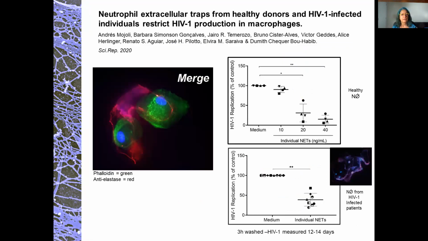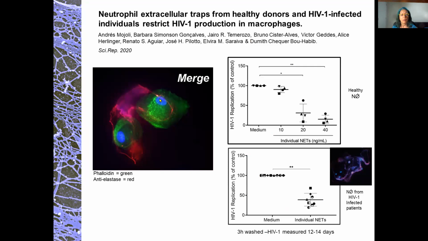Another study was Andres' PhD and Barbara's master's. Barbara contributed with some results from her master's dissertation, on the effect of NETs in HIV infection in macrophages. So we did more or less the same thing.